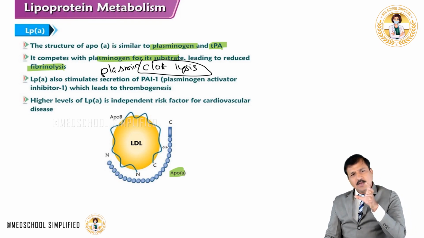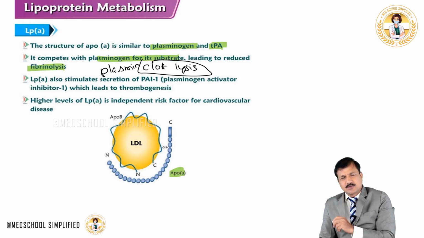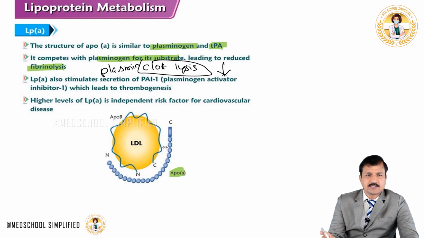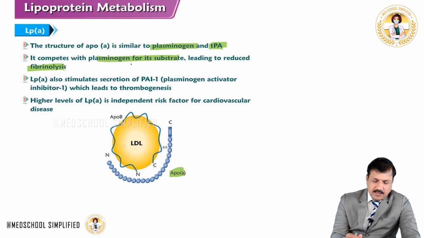Now apo-A competes with plasminogen and tissue plasminogen activator, thereby decreasing fibrinolysis. Also, lipoprotein A stimulates secretion of plasminogen activator inhibitor.